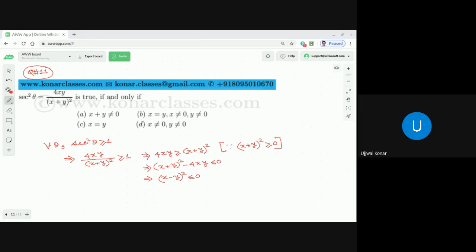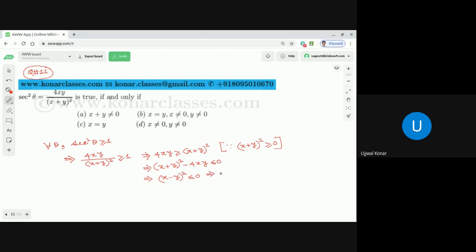Generally, x minus y could be a positive or negative number, so x minus y whole square should always be positive. It can at most be equal to 0, and that is true only when x minus y is equal to 0. Very logically we can write this thing.